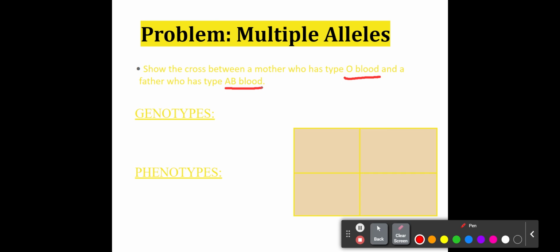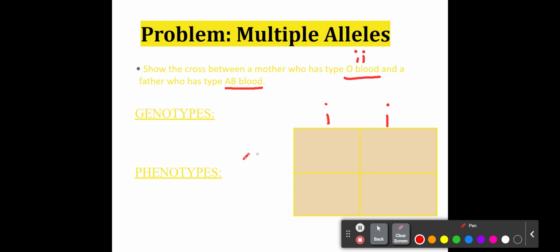So I've seen this done a couple of different ways. Earlier, a few slides back, there was using the letter I, which is completely fine because it shows the relationship between A and B being dominant and O being recessive. So that's what I'm going to do. We're just going to use the letter I to represent our main alleles. In this case, lowercase i would be mom because she is recessive.